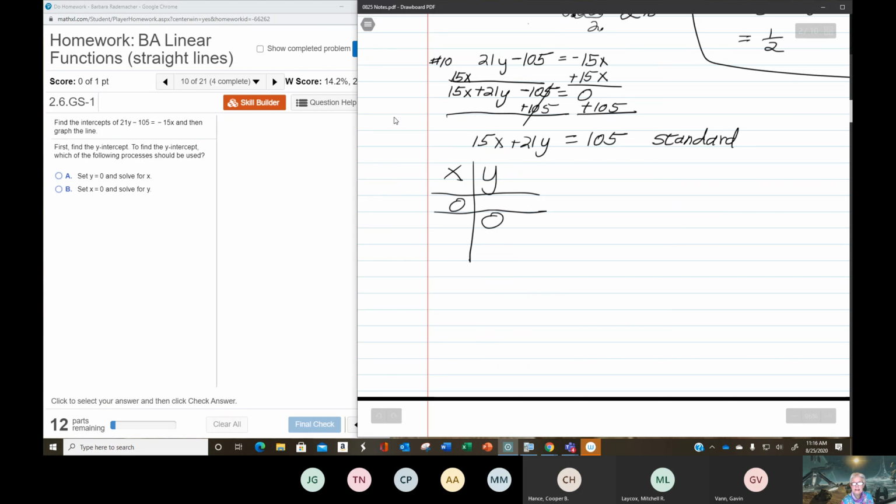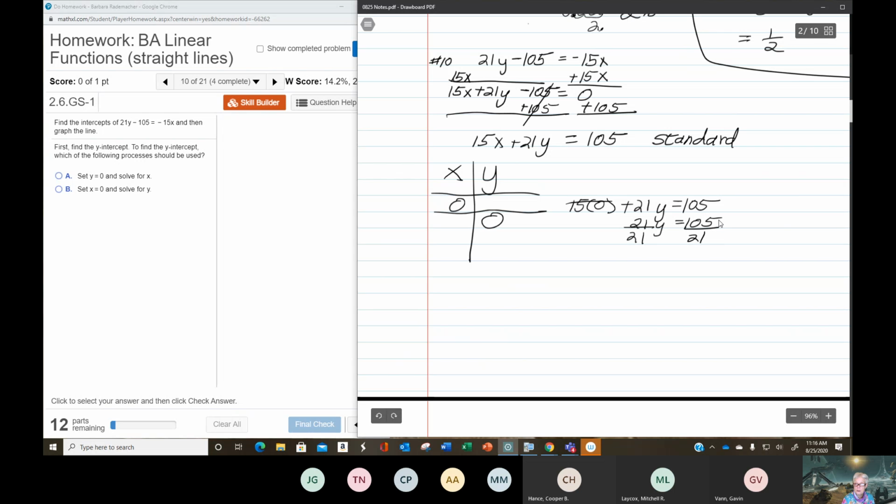What this means is let x equal 0 and find out what y is. So that will give you 15 times 0 plus 21y equals 105. Anything times 0 is 0, so 21y equals 105. Divide by 21.